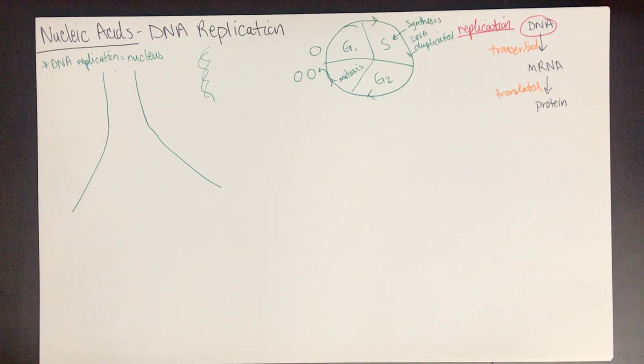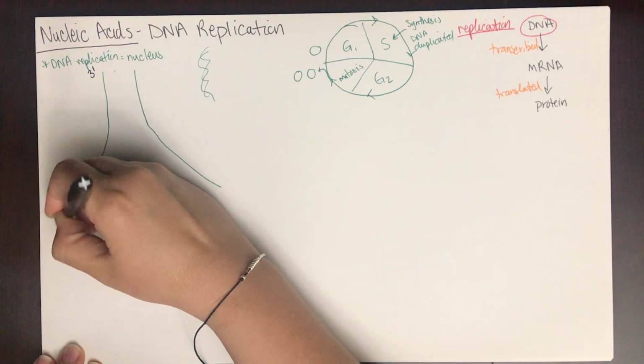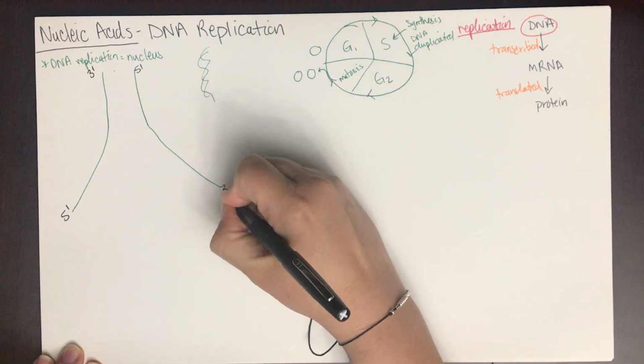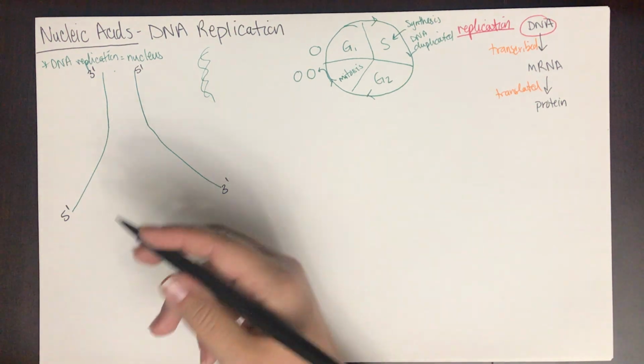And remember, DNA, the backbone has a directionality. 3', 5', and it is paired with a strand that's 5' to 3'. So new nucleotides are always added to the 3' hydroxyl. They're always added at this end.